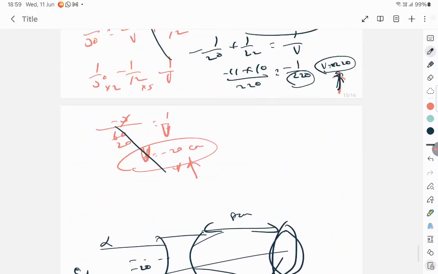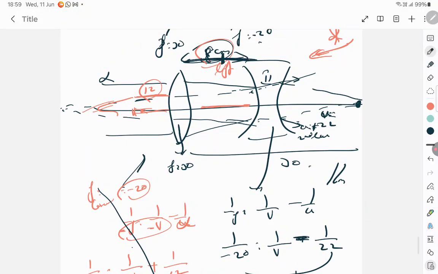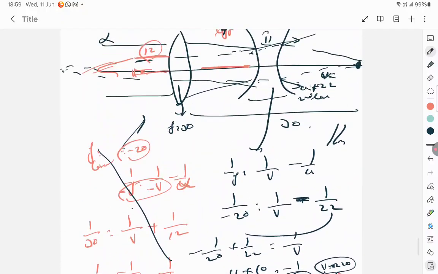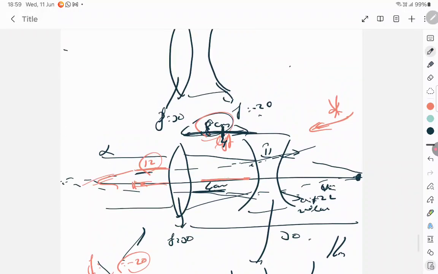When it is minus 220, the parallel beam of light appears to diverge from a point exactly at the center of the two lenses, and the distance between the lenses is 8, so from the center it is 4. Since minus 220 is this distance and 4 is this distance, take the magnitude and subtract it, so that you know the distance from the first lens.